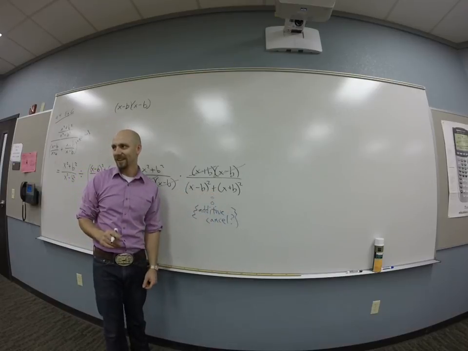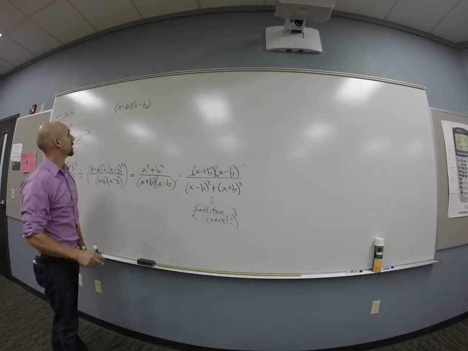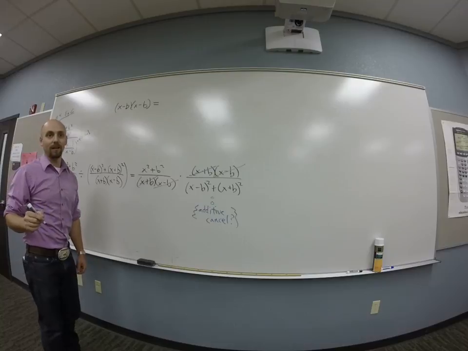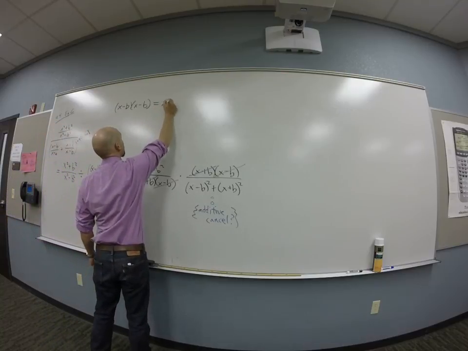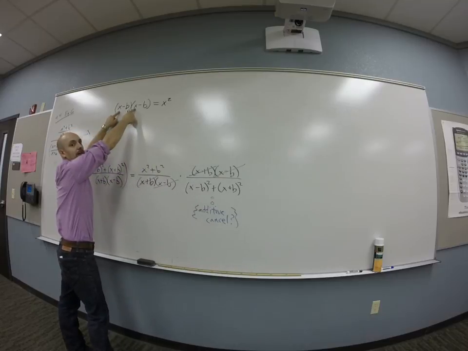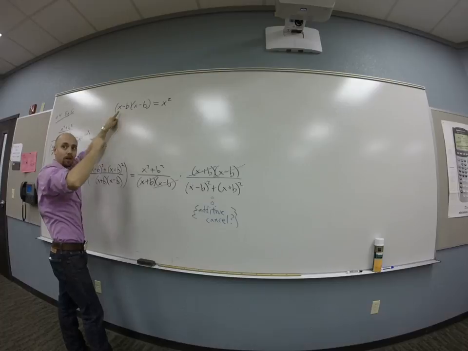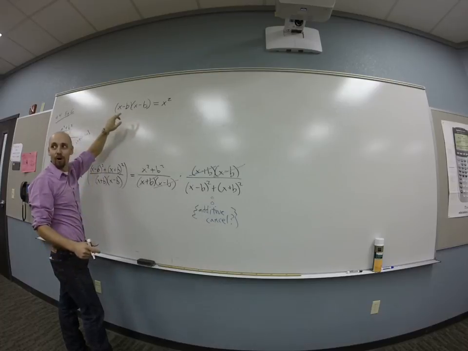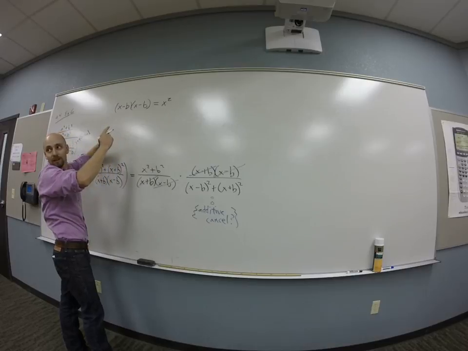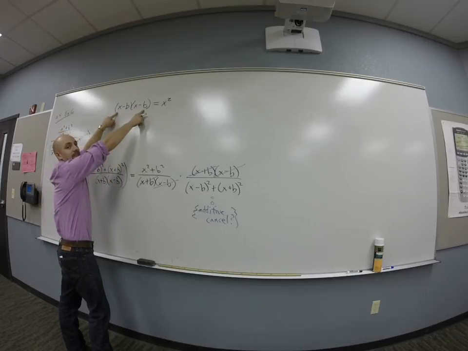You guys see this? All right, so what do I get when I FOIL this out? Okay, I get an x squared, right? That's from these guys. That's the first. Then, how do you spell FOIL? O is outside, right? So which ones are the outside ones? These guys?